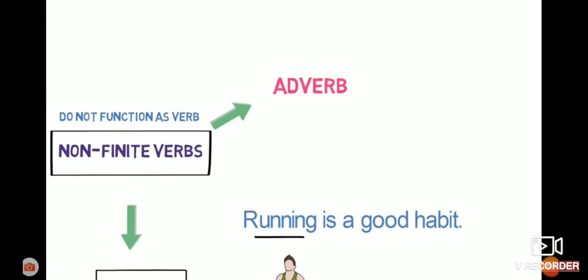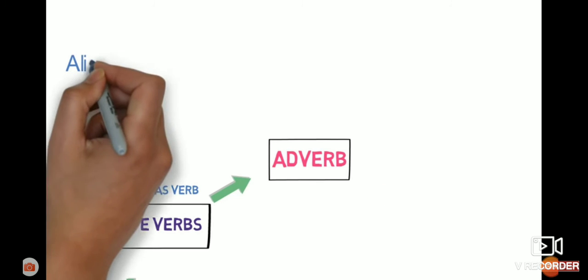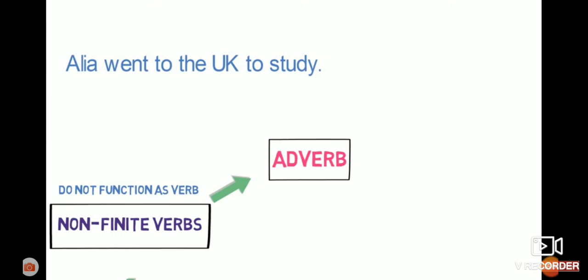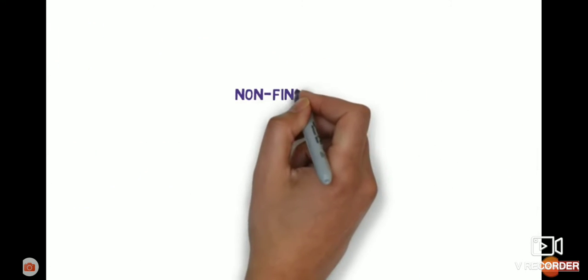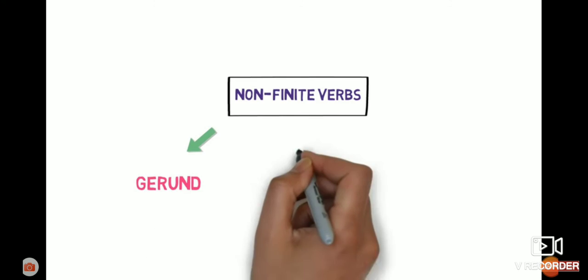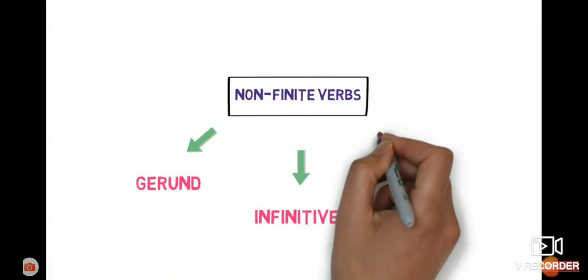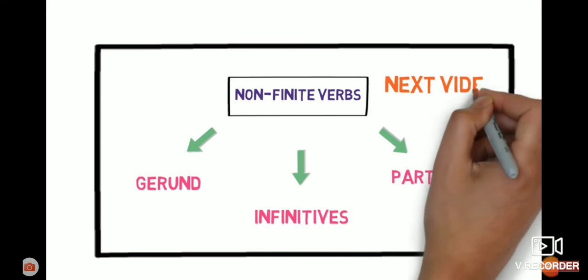Now, let's understand how they function as an adverb with an example. Alia went to UK to study. Here, study functions as adverb in the sentence. Non-finite verbs are further divided into three types: gerund, infinitives, and participles. We will discuss them in our next video.